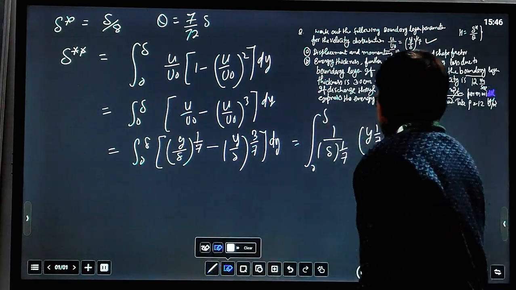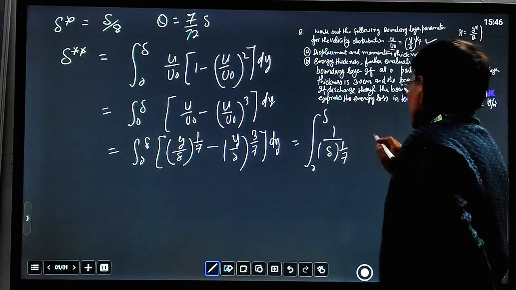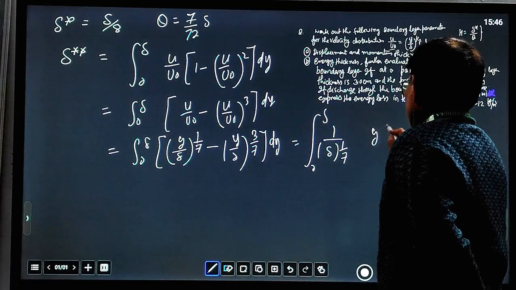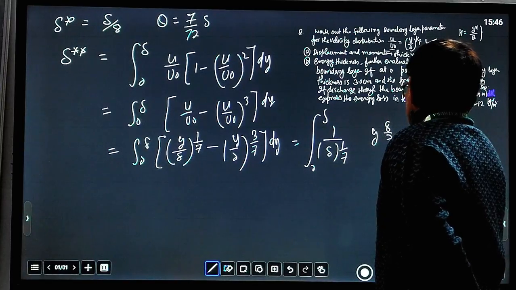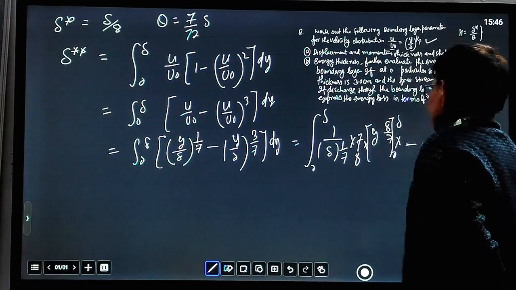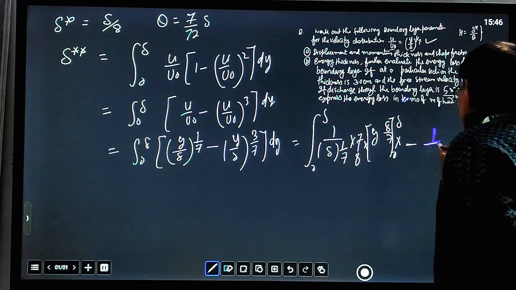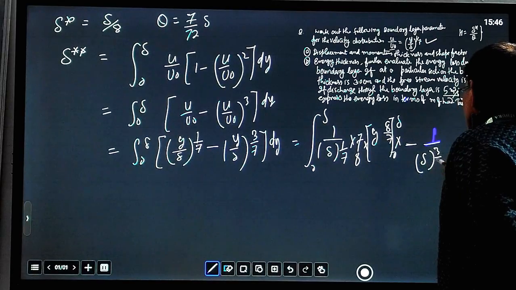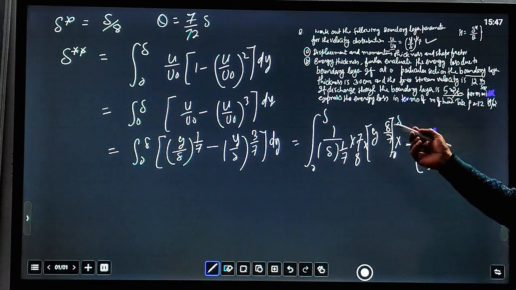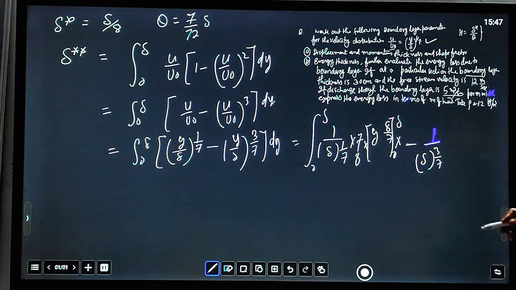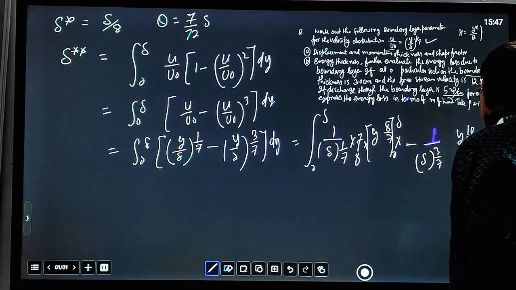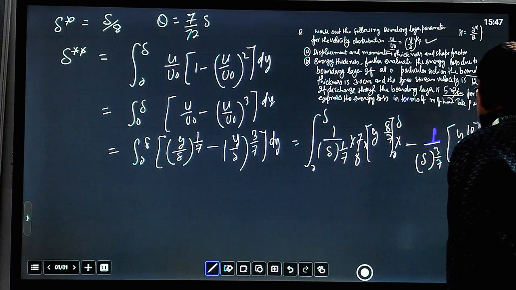Integrating y to power 1/7, it becomes y to power 8/7, taking 7 by 8 outside with limit 0 to del, minus 1 upon del to power 3/7, and integrating y to power 3/7: 7 plus 3 equals 10 by 7. So y to power 10/7 into 7 by 10, from 0 to del.